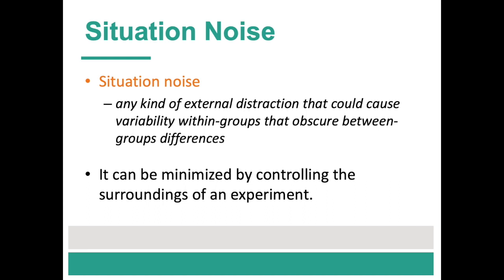It may affect some people differently than others, and so it's going to cause some noise in how they respond to something. Because it may be a turnoff, it may get them excited about politics, whatever it does, it could change how someone responds. So it can actually cause more variability.